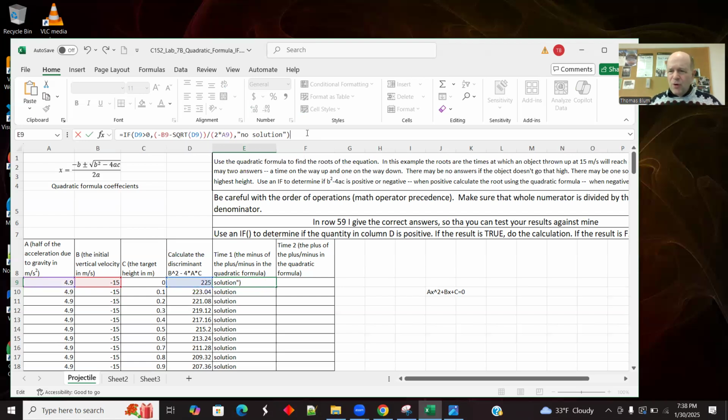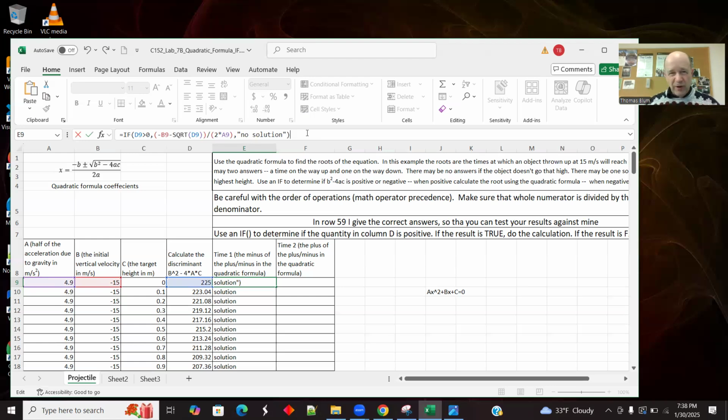Okay, so I had my question. If, overall, my logical test, my true false question was if D9 was greater than 0, if the discriminant was greater than 0. We know that worked. We know the false part is just no solution. And then here is the calculation for the solution when we have one.